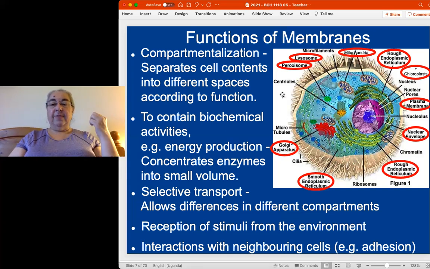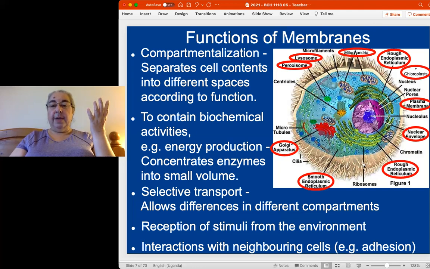Well, of course, if something is outside the cell membrane, it's the membrane of the cell that it first comes into contact with. So the receptors on that membrane are what's important in receiving those signals from outside the cell.